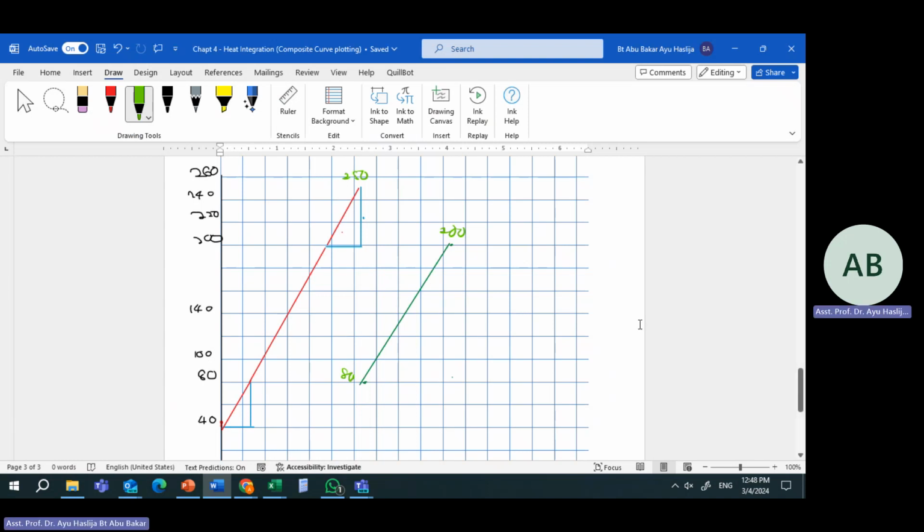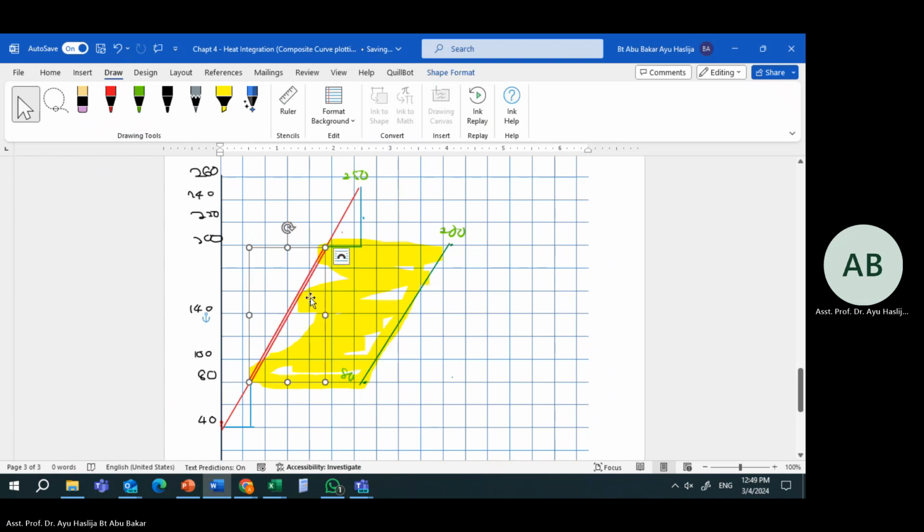So how to combine? Just now I mentioned the overlap area. The yellow area is the one where they overlap. From this point, combine to this point.